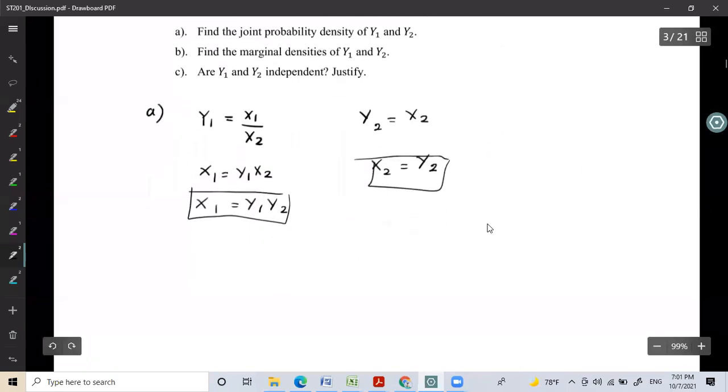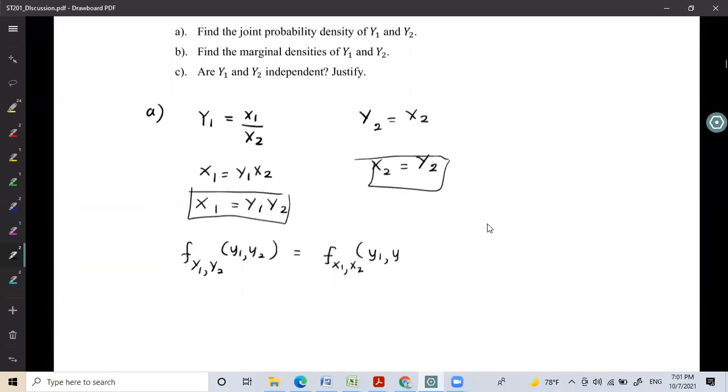Okay, so these are the inverse functions. Now what is the next thing you have to do? You have to find the Jacobian. Why? You have to find the joint density of Y1 and Y2. How do you find it? According to the transformation method, that will be f of X1 and X2 evaluated at the inverse functions, and you have to multiply it by the Jacobian, right?